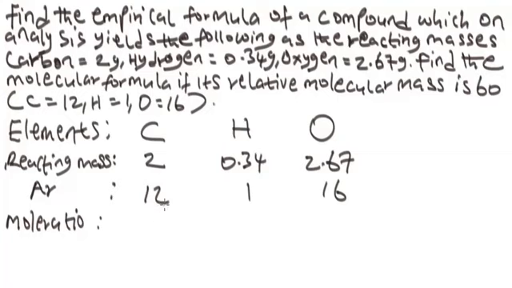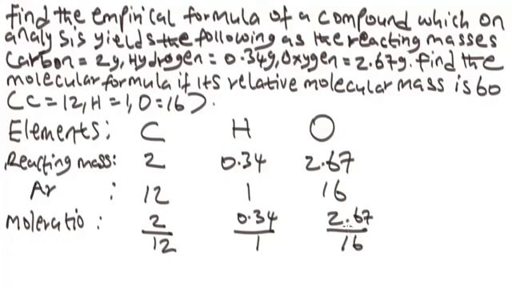So mole ratio will be reacting mass over relative atomic mass. So to get the mole ratio, it's going to be 2 over 12 for carbon, 0.34 over 1 for hydrogen, and 2.67 over 16 for oxygen.